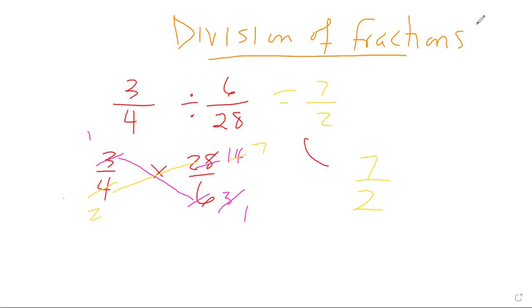All right, another one, still on division. So let's say we have 25 over 1 divided by 5 over 2.